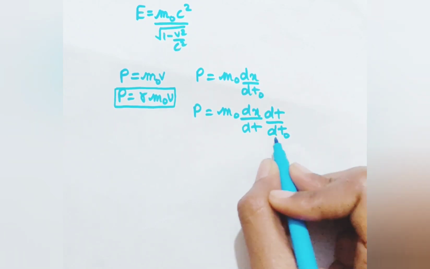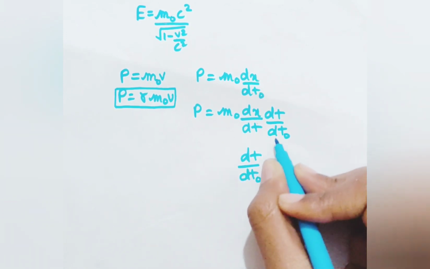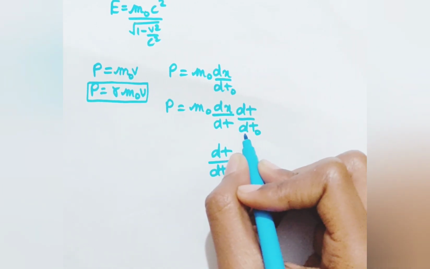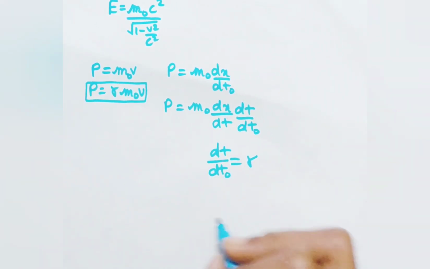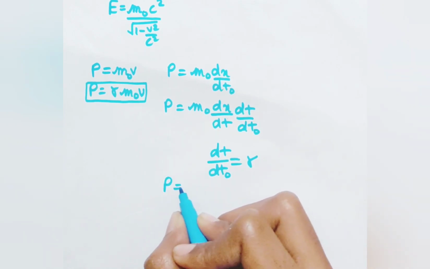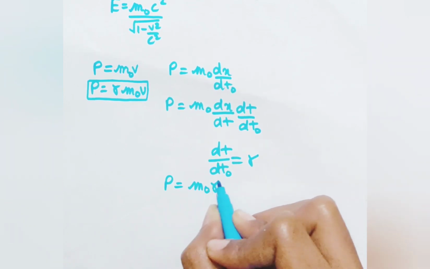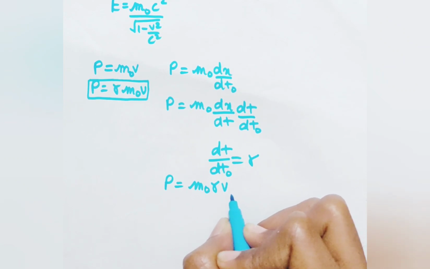And we know that dt over dt naught, which is just the time that has elapsed for a moving object divided by the time that has elapsed for a stationary object, is actually gamma. So we arrive at the equation P equals m naught multiplied by gamma times v, and this is the relativistic momentum equation.